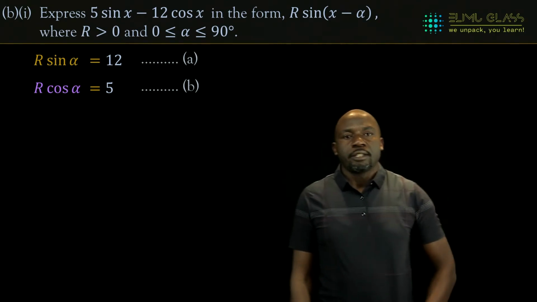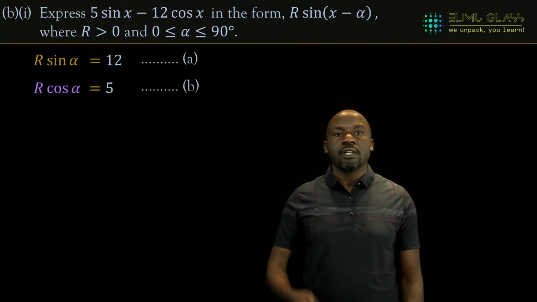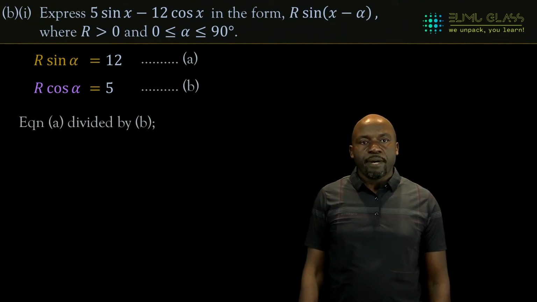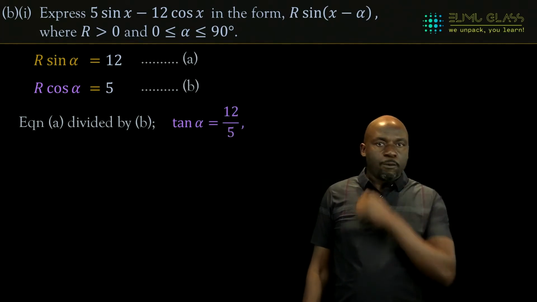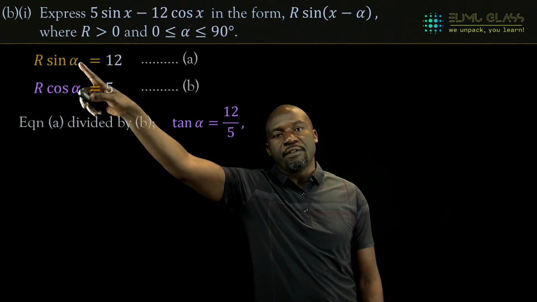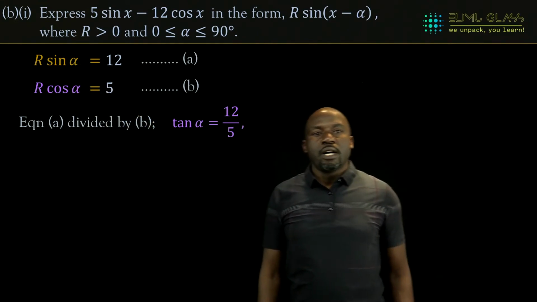Let's put the solution that we've just found neatly now. When we divide equation A by B, we get sine of alpha over cosine of alpha is going to be 12 over 5.